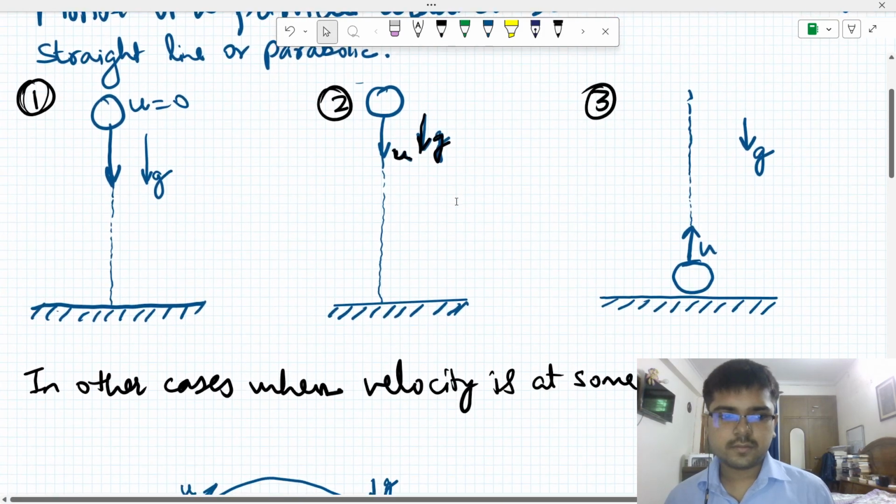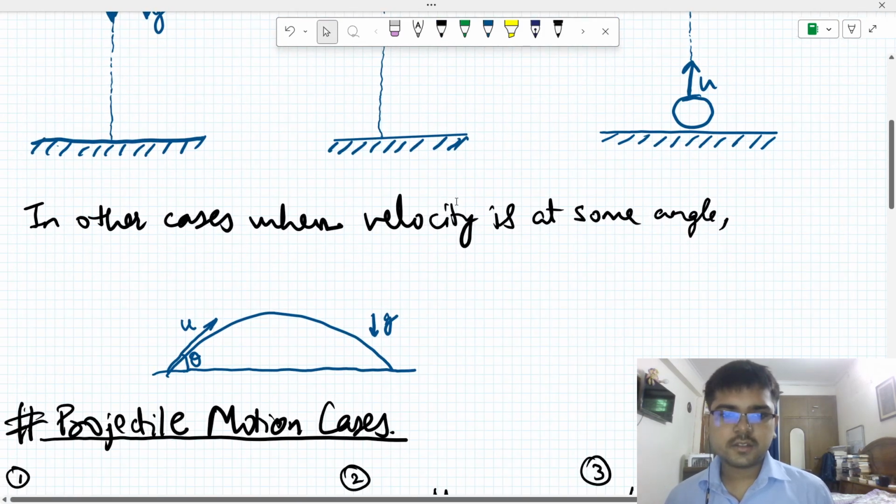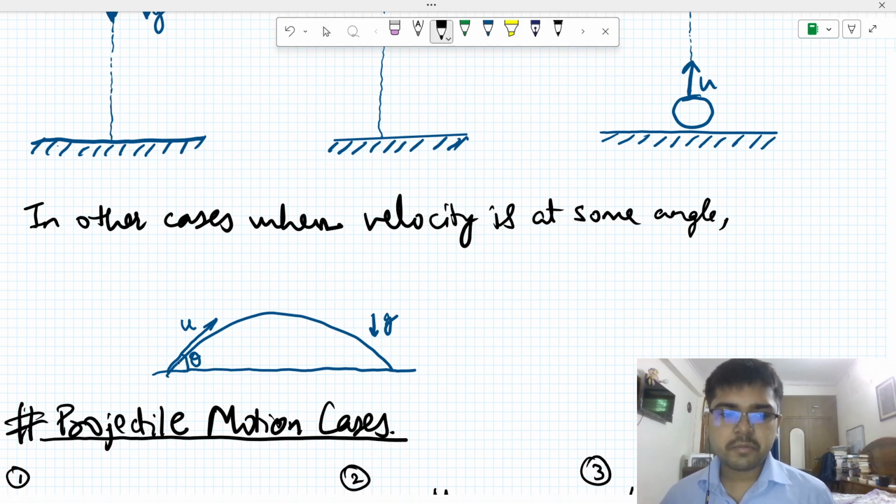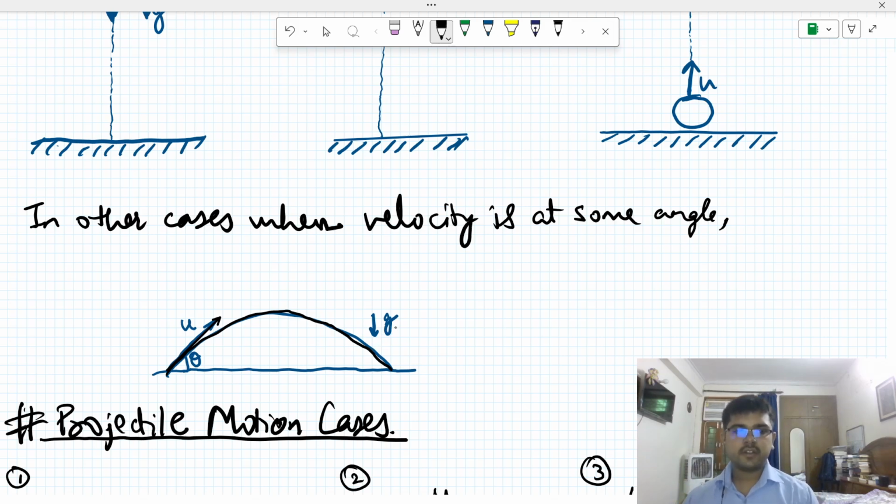Now in other cases, when the velocity is at some angle, then we have a projectile motion like this, going at some theta angle and with the initial velocity u under constant gravitational acceleration.